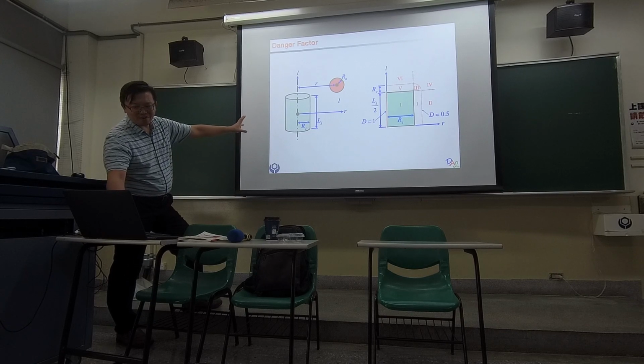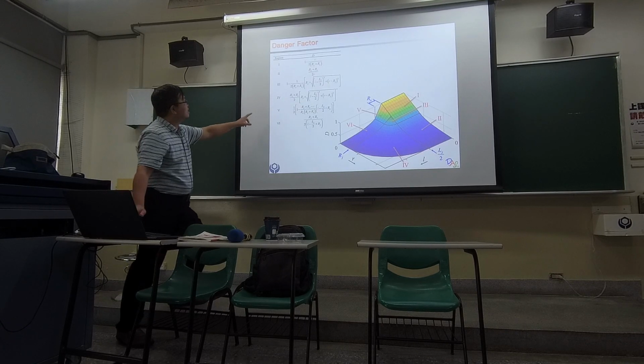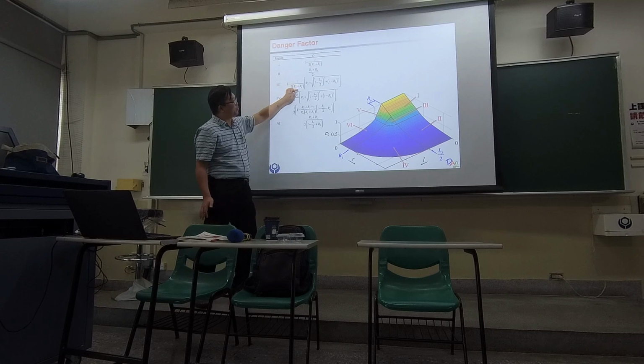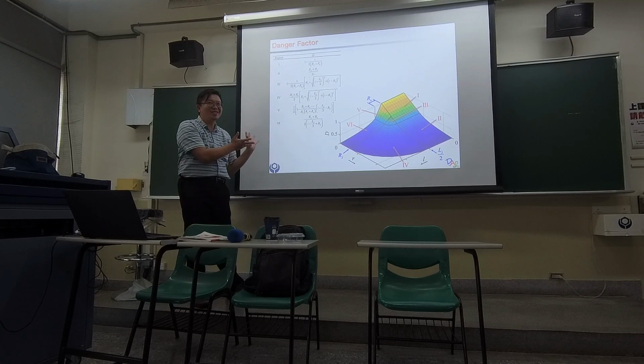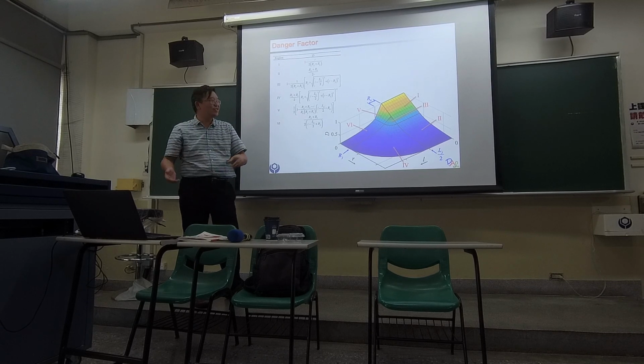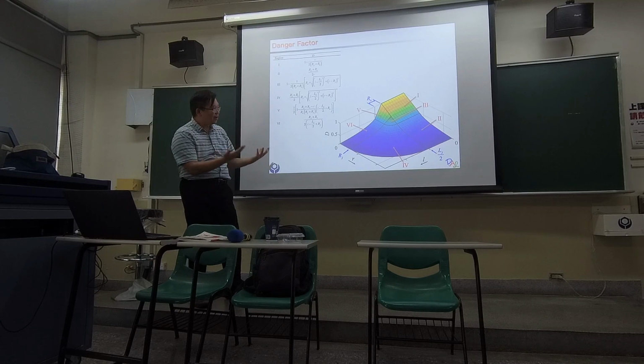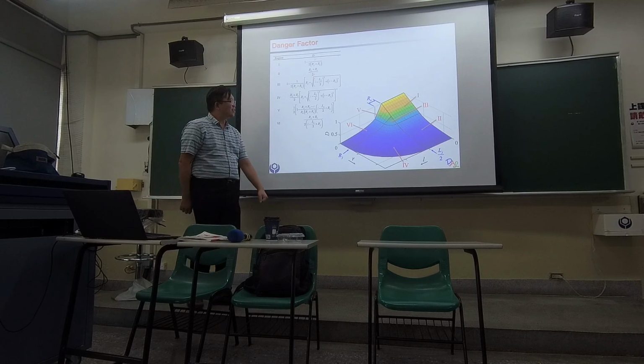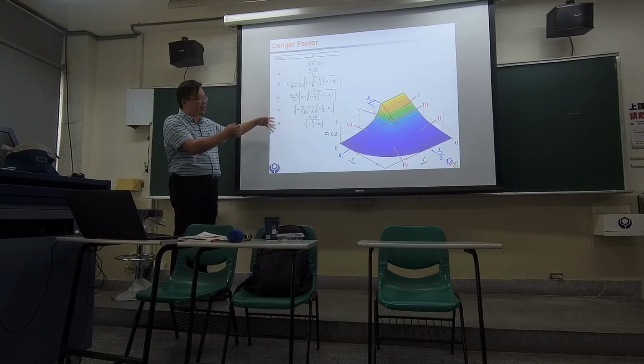Because we did some math to realize the danger factors has to be written in certain equations. It's more complex than the one I showed you. The handwritten one is a simplified version. This is a more complete one because of the danger factor.